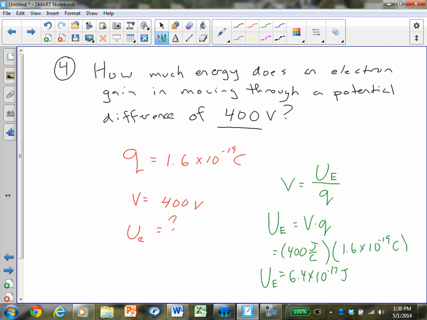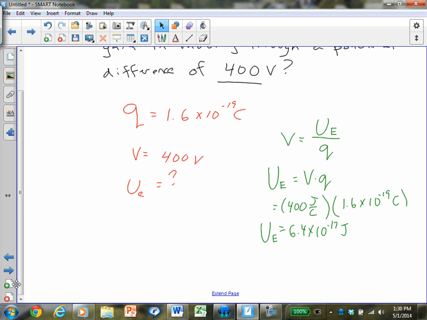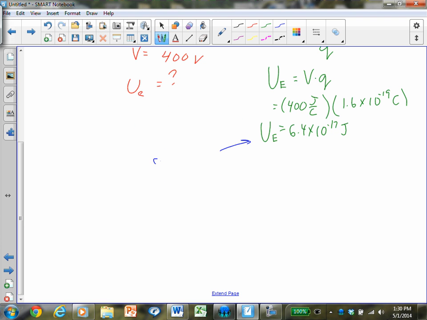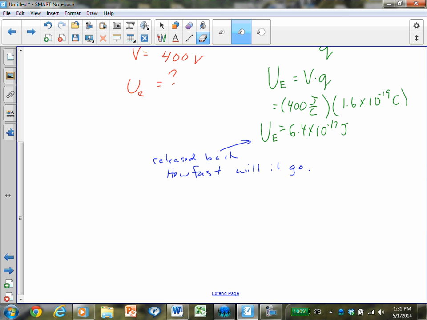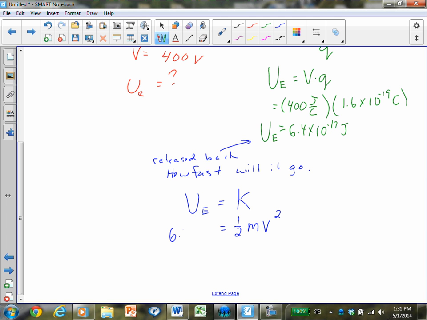Now let's say it's released back. How fast will it go when it gets back to its original location? I don't want to use E for the initial energy because you'd confuse it with the electric field. So UE just ends up becoming K. And what's the formula for K? UE was 6.4 times 10 to the minus 17 joules.